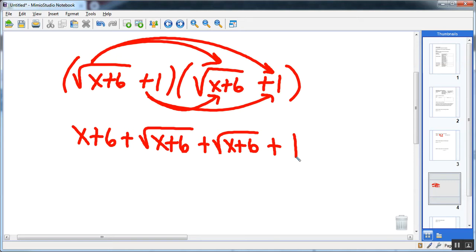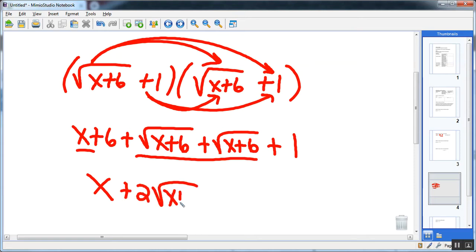Okay. You guys agree that this becomes the x, this part. How many of these root x plus 6's do we have? Two of them, right? So plus 2 times the root of x plus 6, that's what those combine to. And then how about the 6 and the 1 on the end? What's that going to combine to?